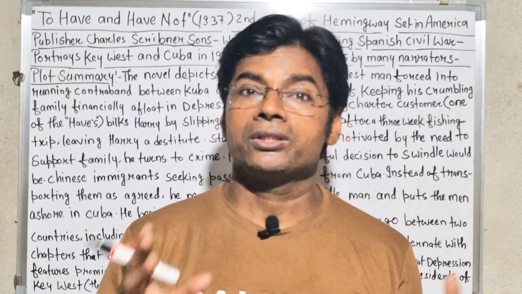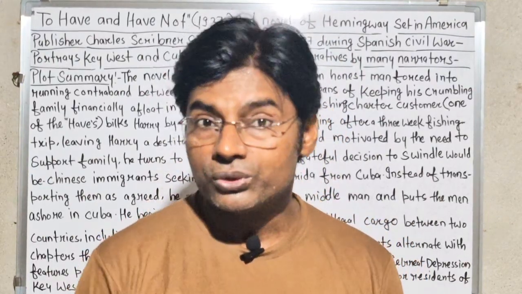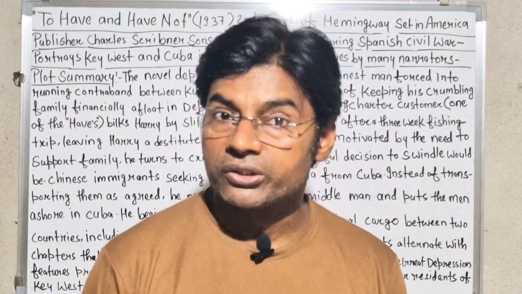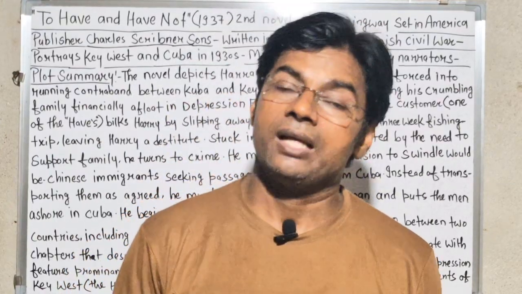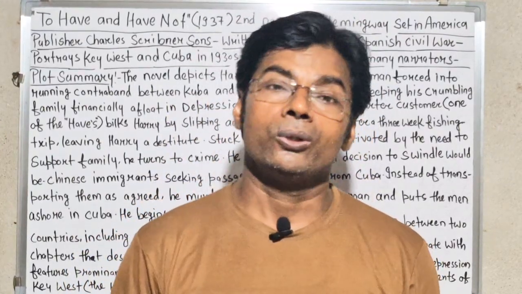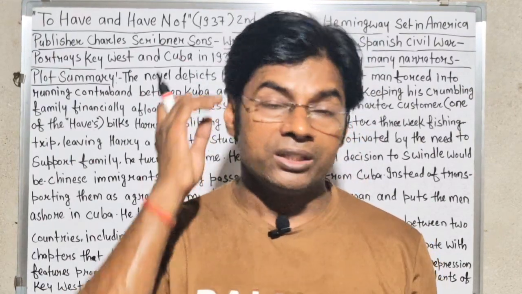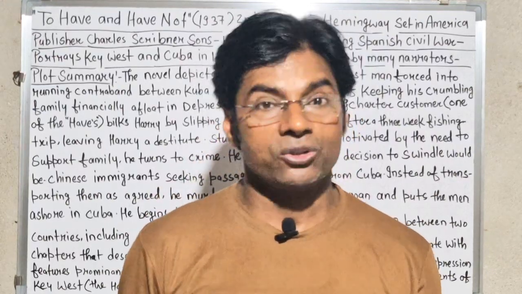Situations and circumstances somehow force him to take the way of crime, to take the law in his hand. Because there is no way out, he has to feed his family, and that's why he resorts to crime.